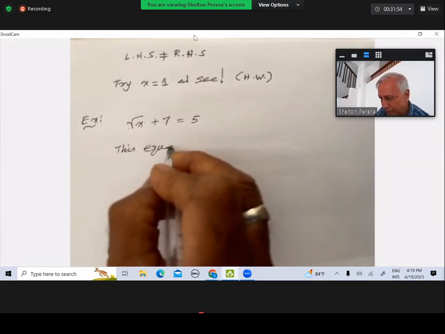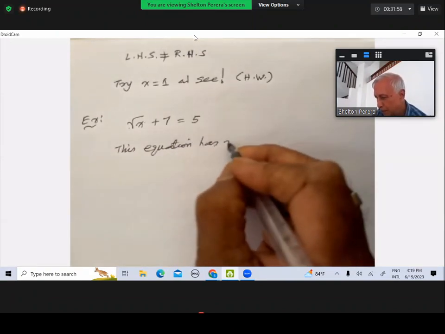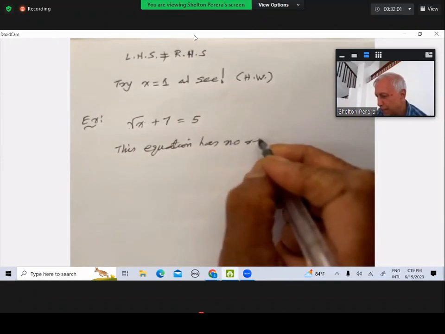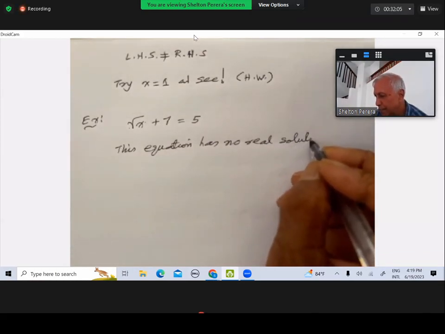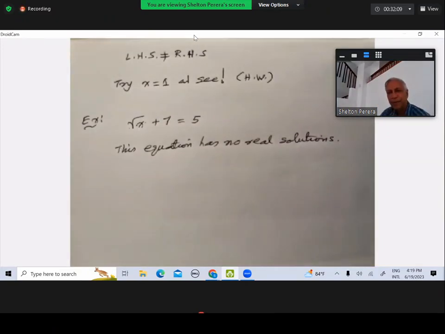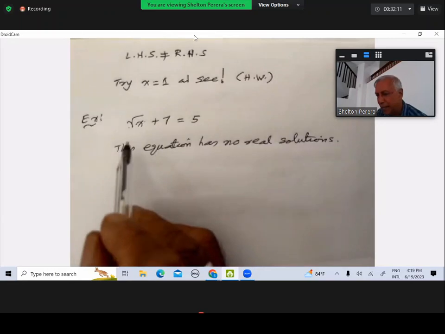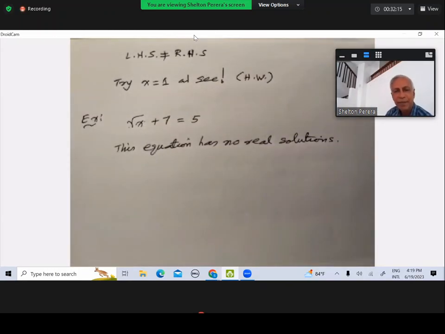This equation has no real solutions. No real number would be a solution of this. In fact, if x is negative, this is going to be a complex number, not a real number, the square root of a negative number.